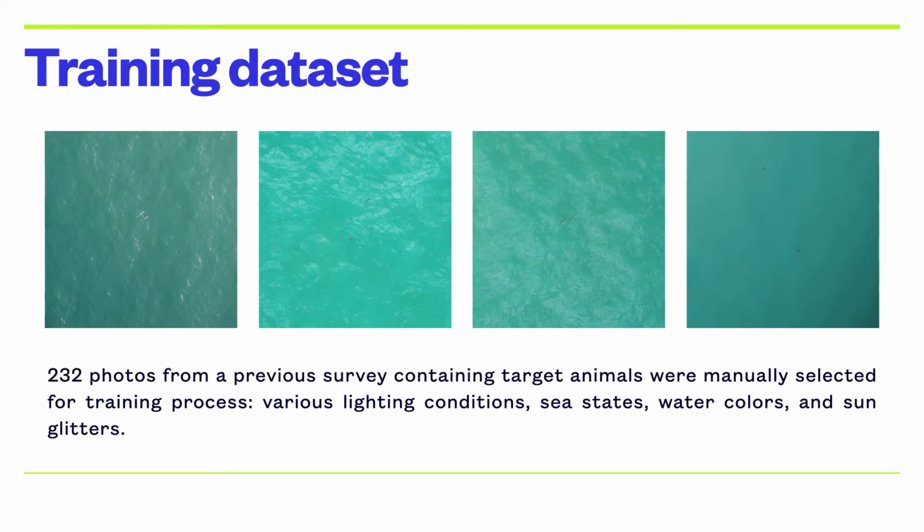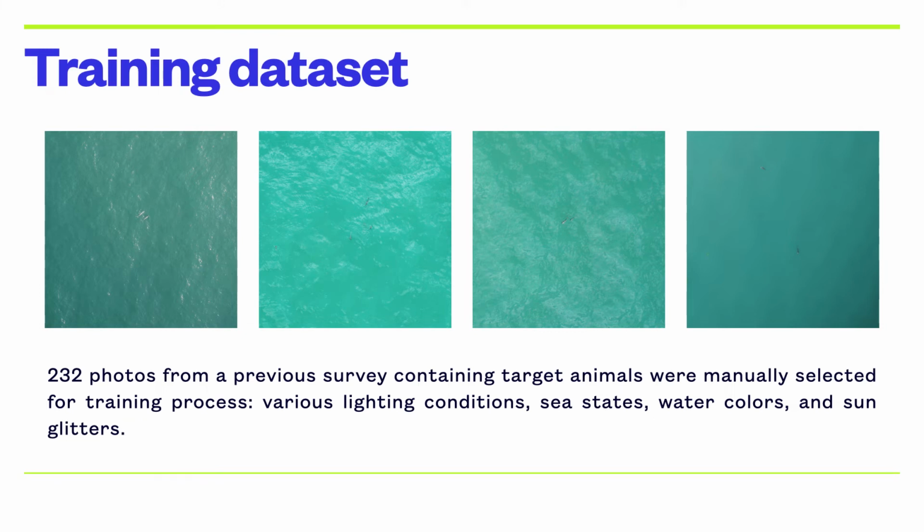So first, we prepare the training dataset. In this part, we manually find all the photos that have our target animals in them and use them. All these photos are different in lighting conditions, in sea states, water colors, and sun glitters.